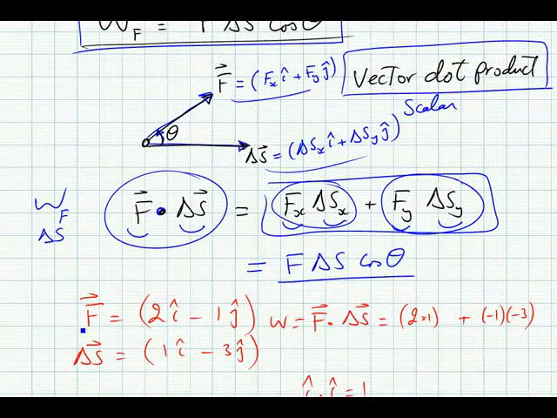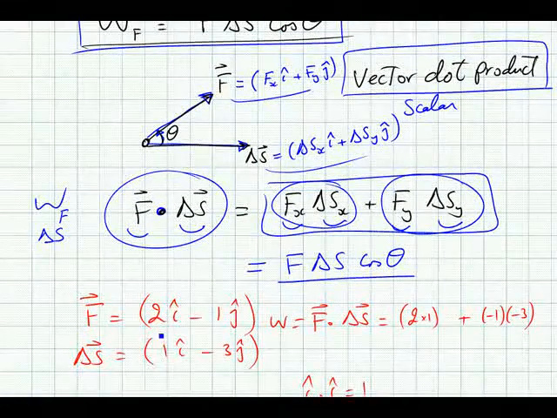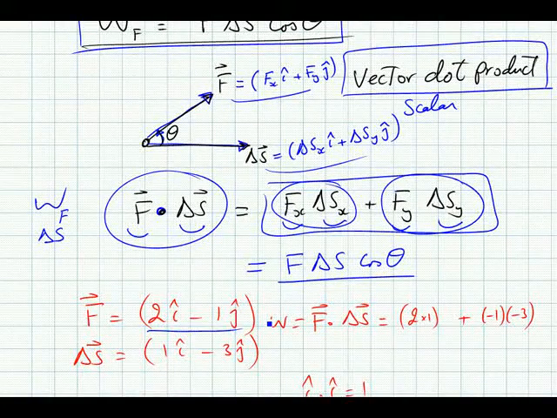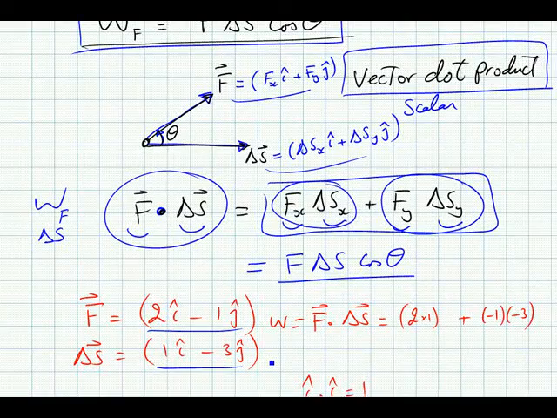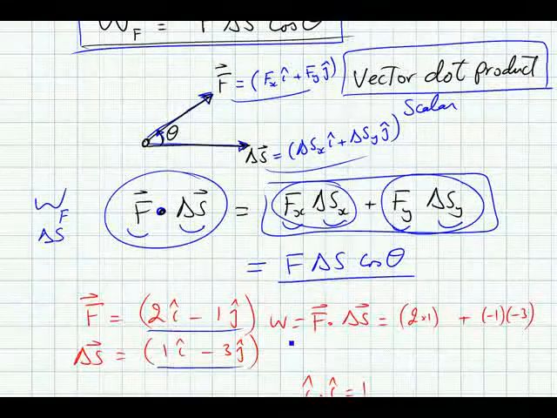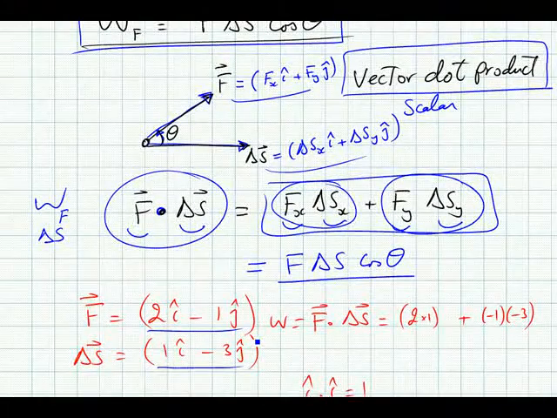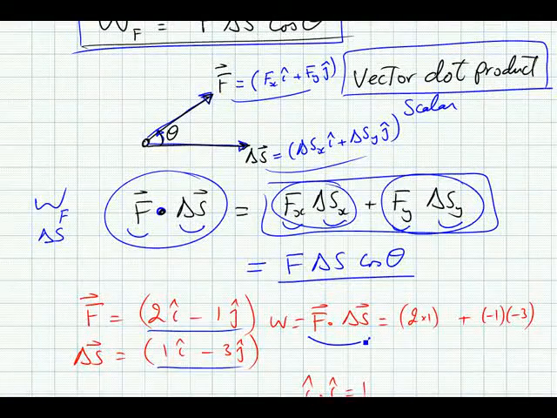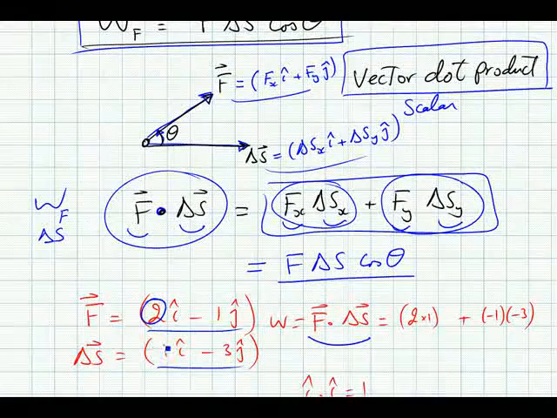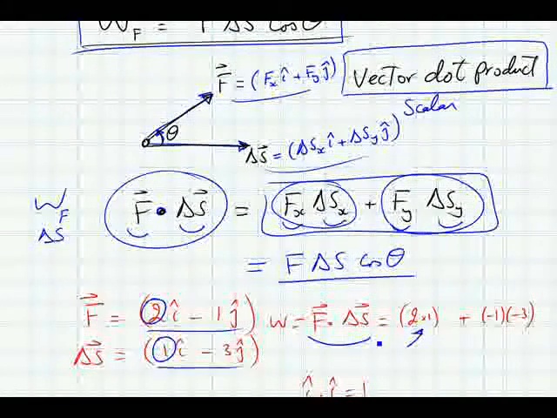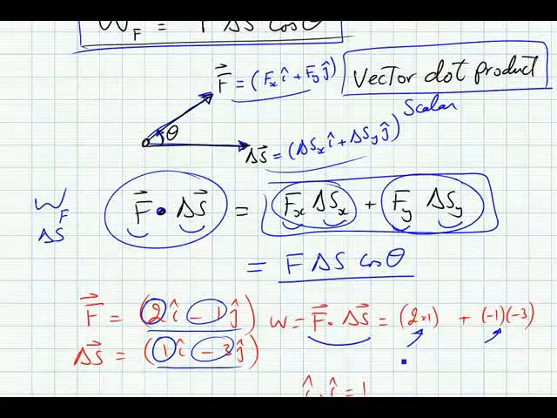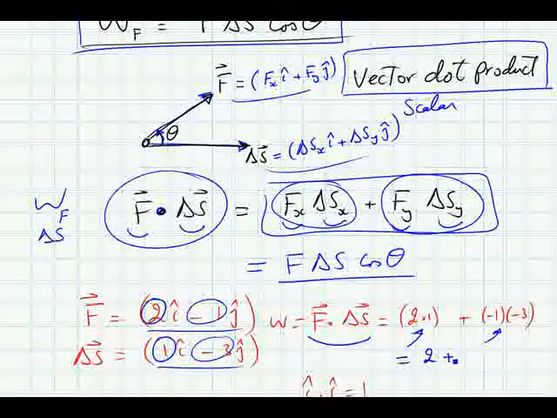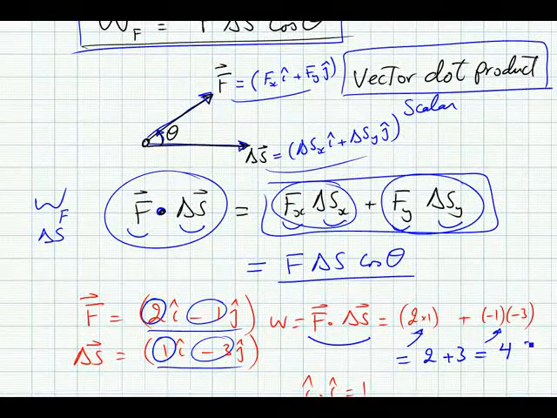So if our force vector, for example, is 2i minus 1j, and our displacement is 1i minus 3j, then the work done by this force to displace the object through delta S is the vector dot product of these two vectors, which is 2 times 1, plus minus 1 times minus 3, which is equal to 2 plus 3, which is equal to 5 joules.